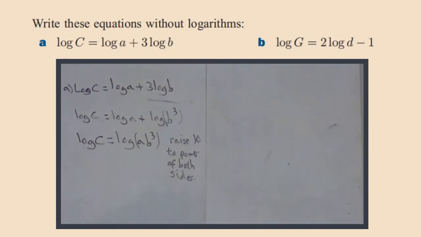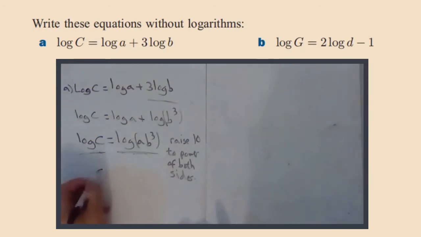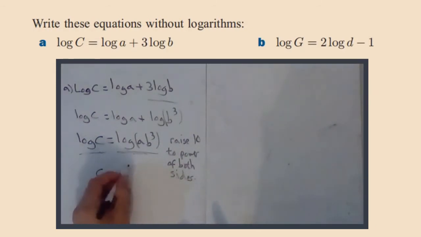The quick way of doing it is just saying, well, look, it's all in the same base, all in base 10. If log C equals log AB cubed, then C equals AB cubed. That's the quick way. The slow way would be to write something like 10 to the power log C equals 10 to the power log AB cubed, and then you'll still end up in the same place. So I'm just going to write C equals AB cubed.